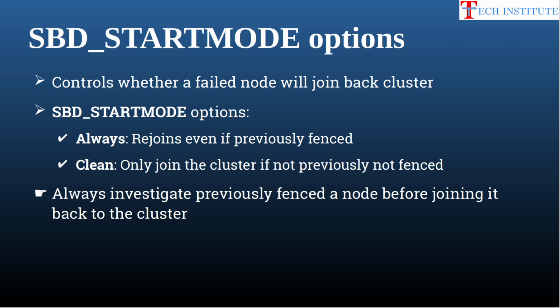Without checking that, if you allow the node to join back the cluster, it may get fenced again or it may impact other nodes or running services on the cluster. It will destabilize your cluster. That's why it's always suggested to investigate before joining the node back to the cluster.